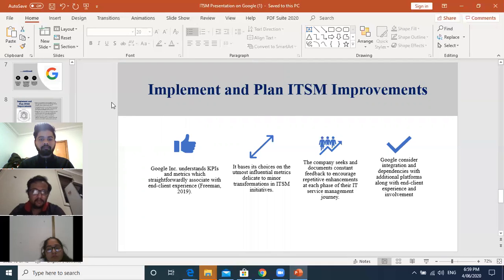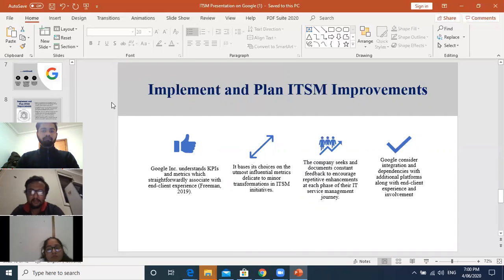To continue with it, this is how Google implements and plans its ITSM improvement. Firstly, Google understands its key performance indicators and metrics, which straightforwardly associate with end client experience. It bases its choice on the utmost influential metrics sensitive to minor transformations in ITSM initiatives.